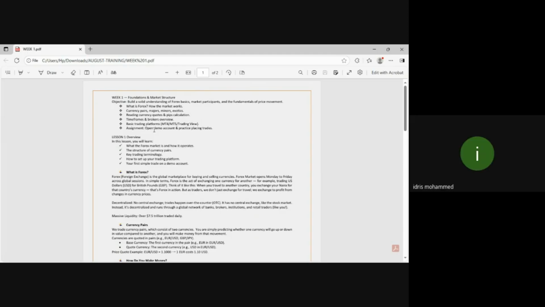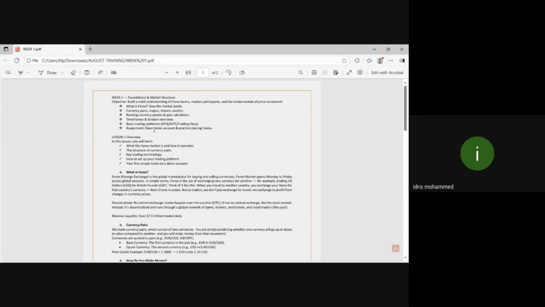If you have the Great Britain pound, that's a foreign currency. So the platform where the exchange of these currencies is done is what we give the name Forex. It's a global market for buying and selling foreign currencies.